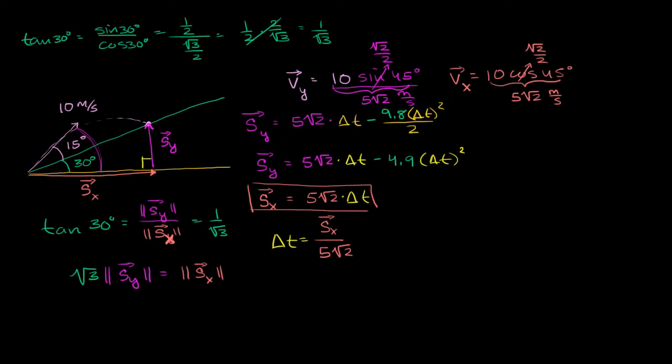So I can rewrite this as being equal to the square root of 3 times our vertical displacement, and all of that is over 5 square roots of 2.